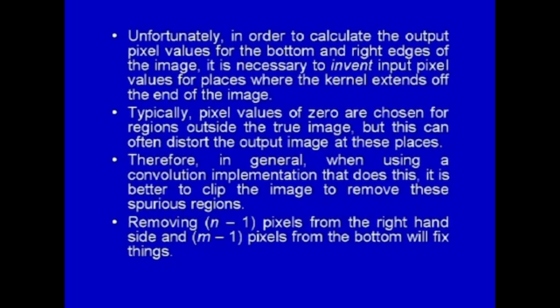Therefore, in general, when using a convolution implementation that does this, it is better to clip the image to remove these spurious regions. Removing n minus 1 pixels from the right hand side and m minus 1 pixels from the bottom will fix the things.